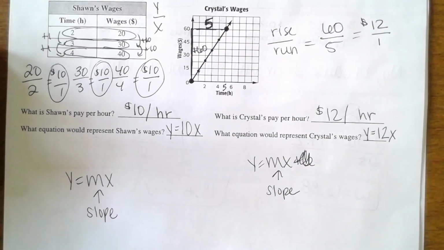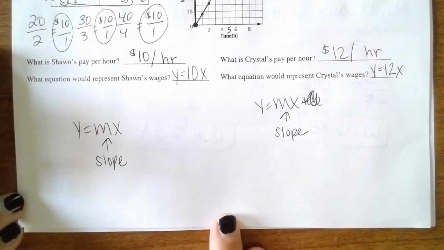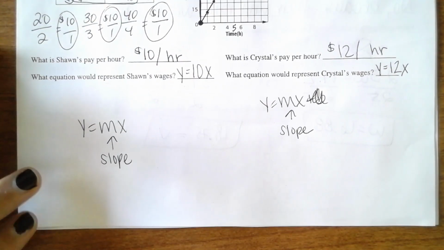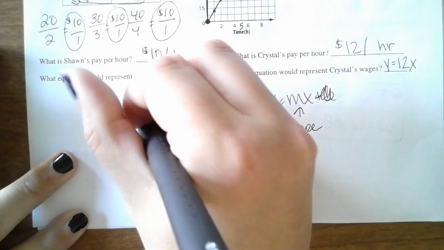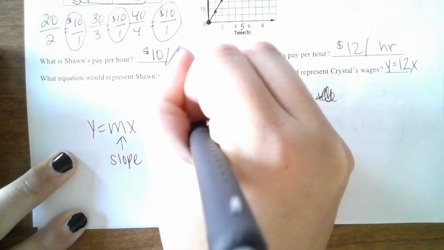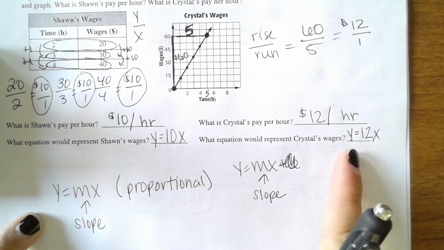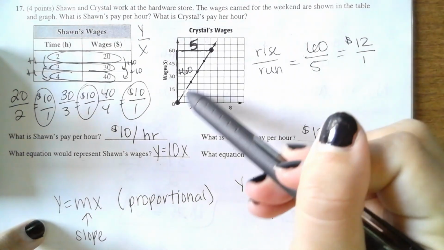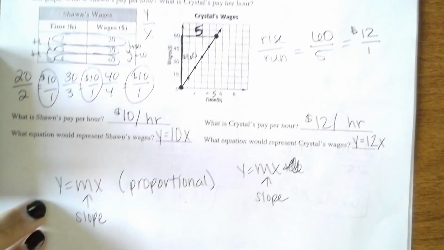Alright, so there is one more thing that I do want to briefly talk about that could show up on your test, which is this equation. So when we have an equation of y equals mx, this means that our graph is proportional. As you notice, in Crystal's equation, y equals 12x, our graph was proportional because it started at 0, 0, and it was a straight line, okay?